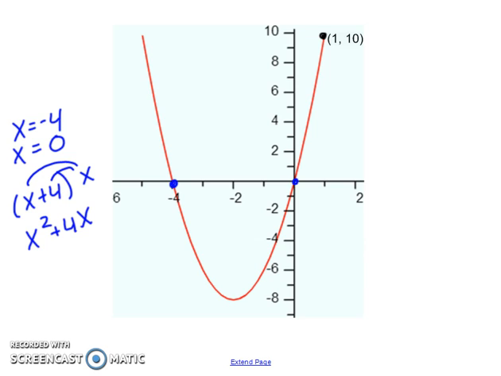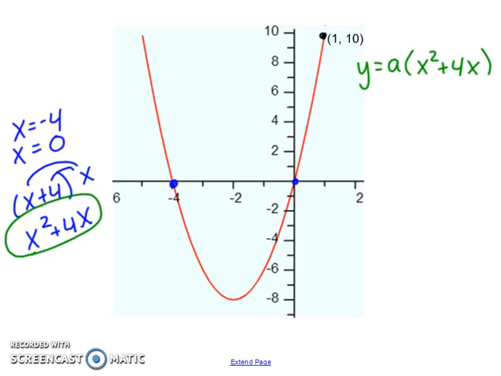Now we're going to do the same thing we did in the other example. We're going to try to find if there's an a value, our leading coefficient. So we're going to set it up as y equals a times x squared plus 4x. So we're just using that, and then a is what we're going to solve for.